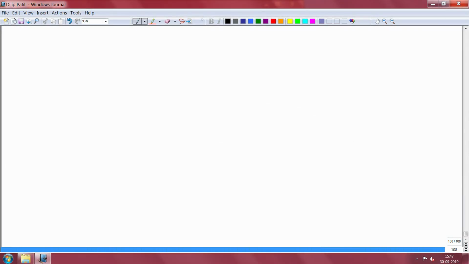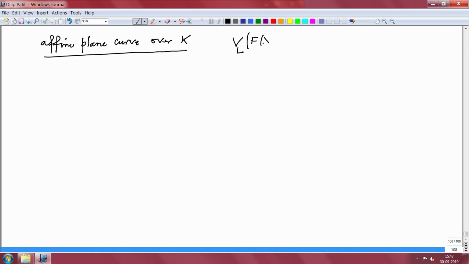The first one is, whenever I say affine plane curve over K, this simply means your field is K and we are looking at V of one polynomial in two variables, which I will write f(x,y).